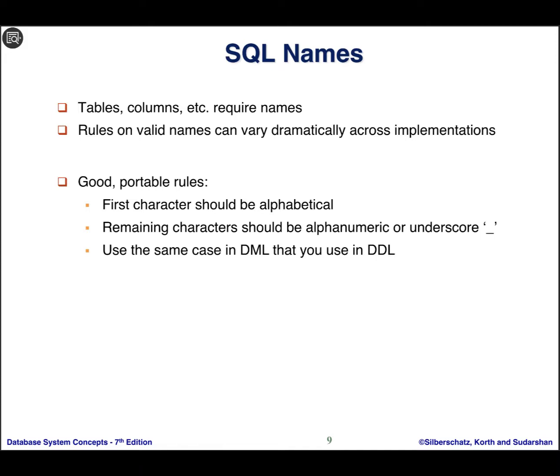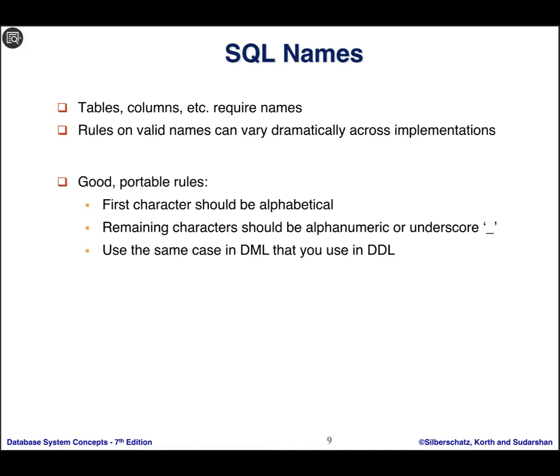And what are valid names? It might be different from one implementation to another, but I want to make sure that whatever I type here can work with different database management systems: Postgres, Oracle, MySQL, etc. If you follow these rules, you don't have a problem migrating your data from one place to another.